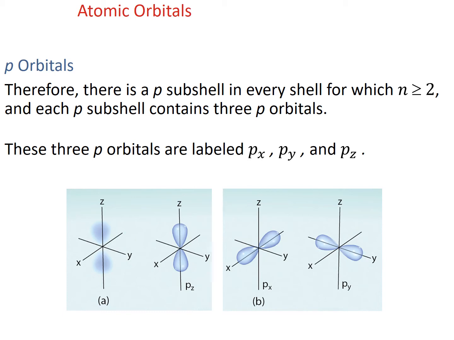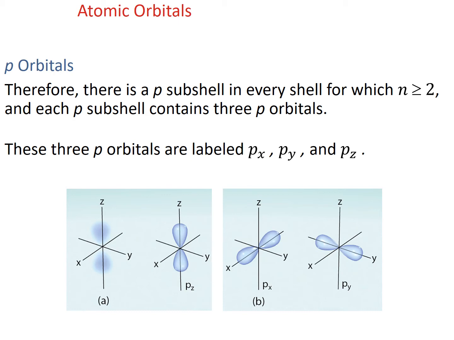These are dumbbell-shaped orbitals. At the origin of these graphs is the nucleus. And you can see that pz is represented in two different ways. One is as these bubbles. The other one is more of that electron cloud distribution, showing that there's a very low chance that the electron is close to the nucleus. But above and below the nucleus, along that z-axis, the electrons are likely to be there.